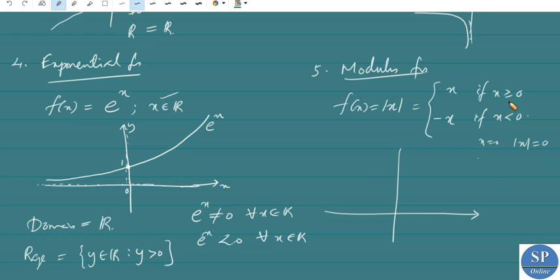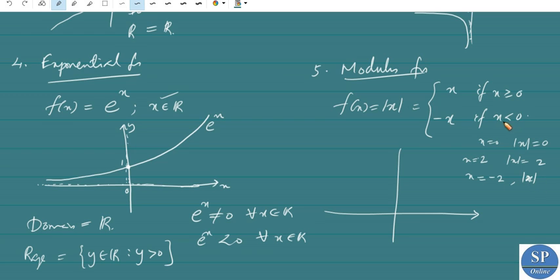If x is greater than 0, then the modulus of x is itself. That means if x equal to 2, then modulus of x is equal to 2 itself. Okay, and if x is less than 0, for example, if you are taking x equal to minus 2, then what will be modulus of x?